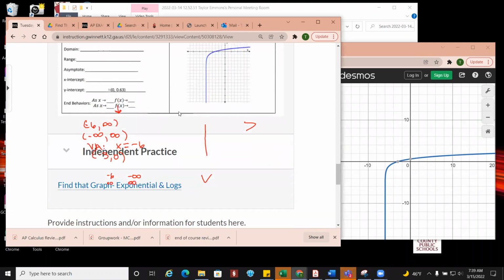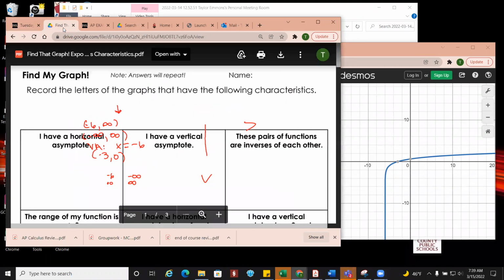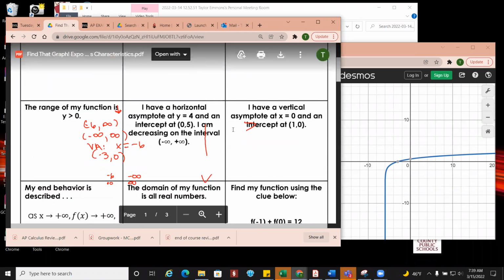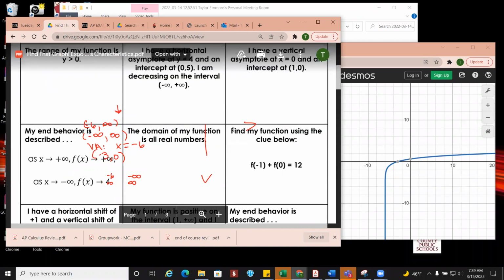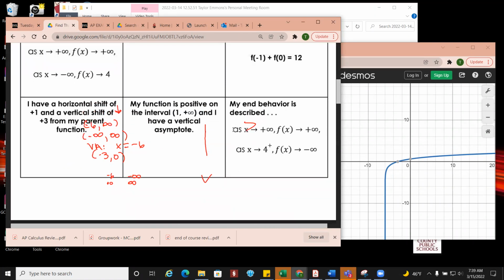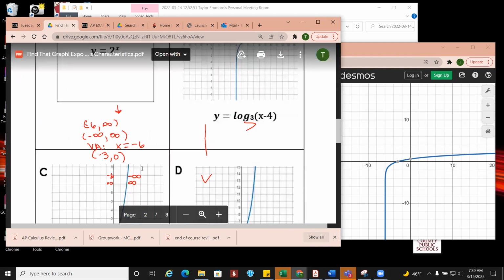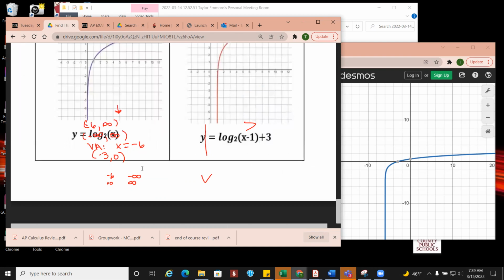All right. So coming down here, when you open it, it's this little document. So you've got about 12 different descriptions. What you're going to do with those 12 different descriptions is you're going to come down here and match it to one of these graphs. Okay.